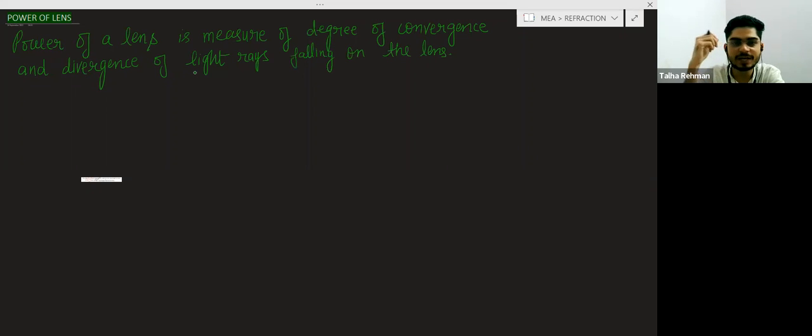So power of a lens is a measure of degree of convergence and divergence of light rays falling on it.